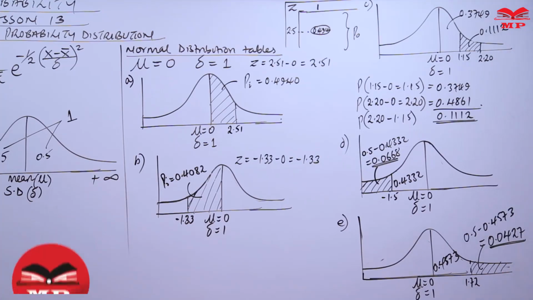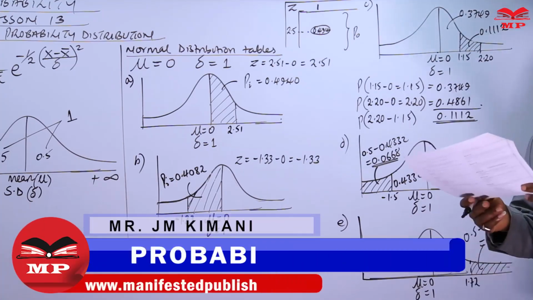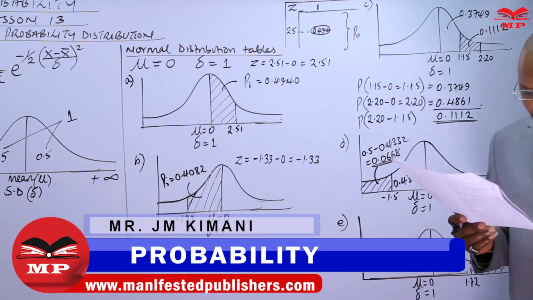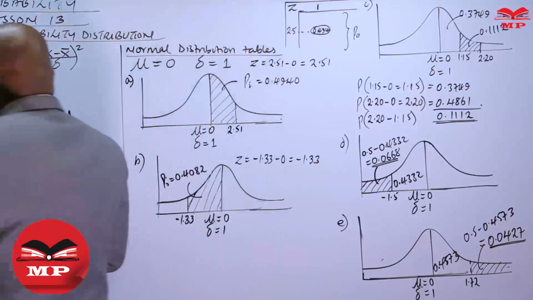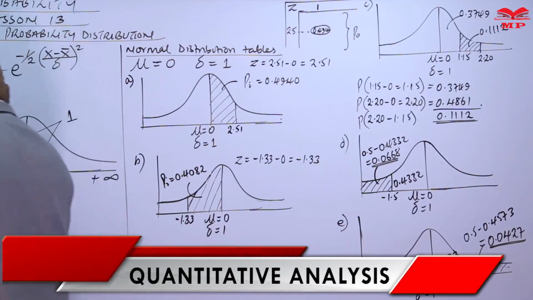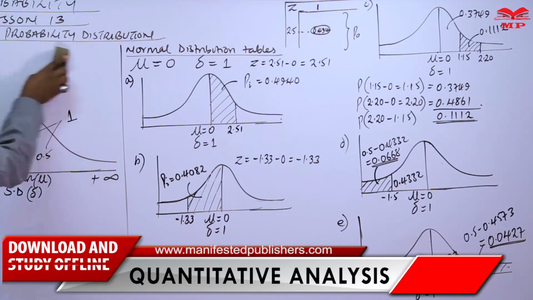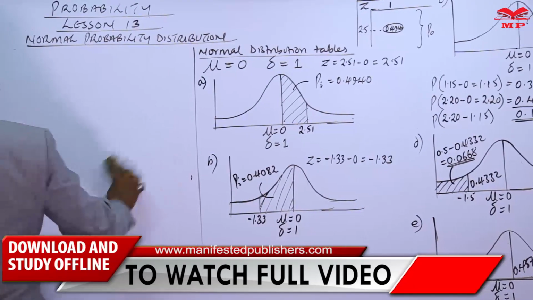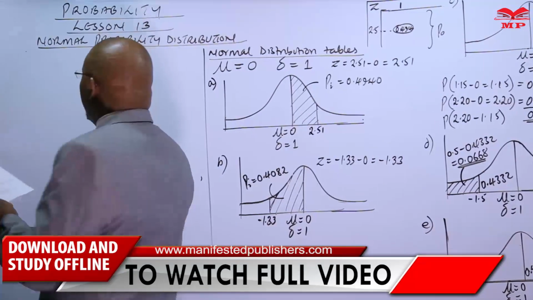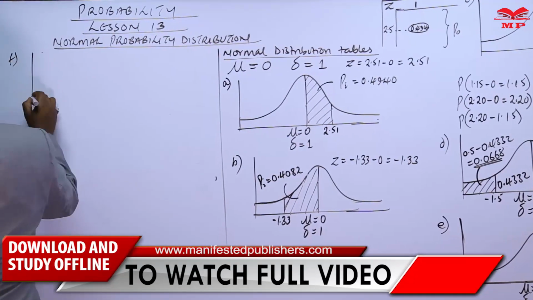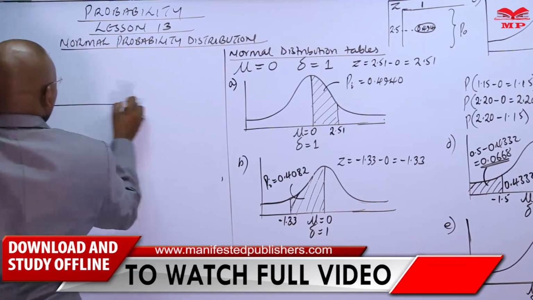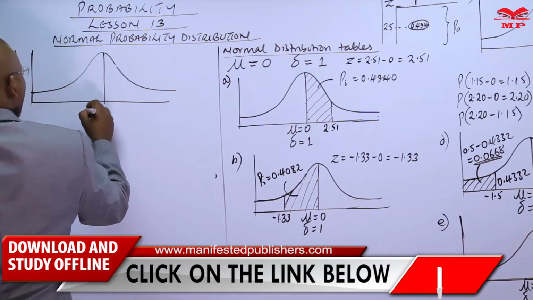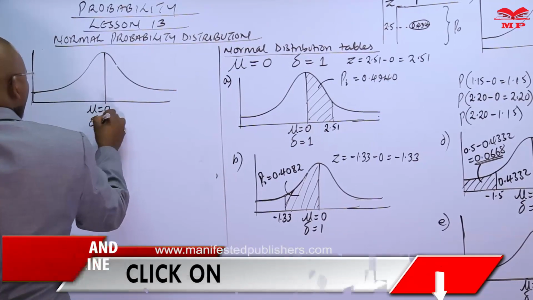Then the next one is negative 1.41 and 2.08, which is positive. So you can draw it this way. It is an area that crosses both sides, the negative and the positive side. This is F. At the middle point, this is a mean of 0 and deviation of 1.